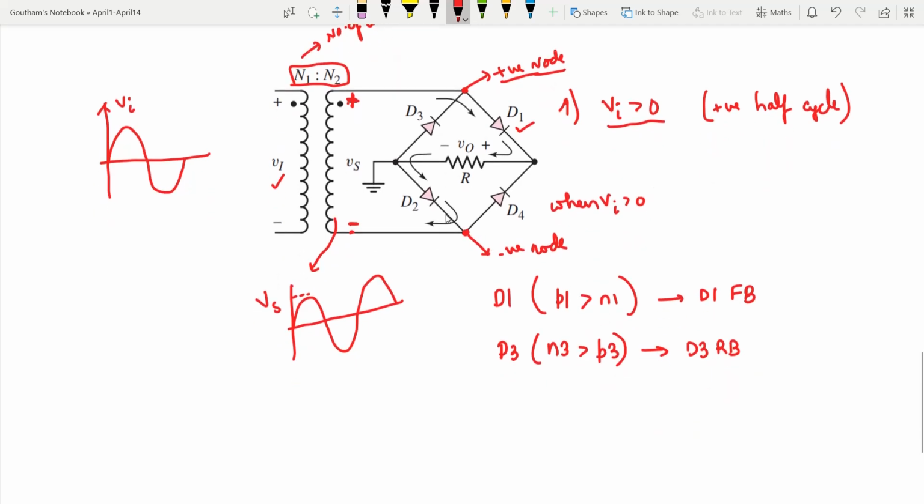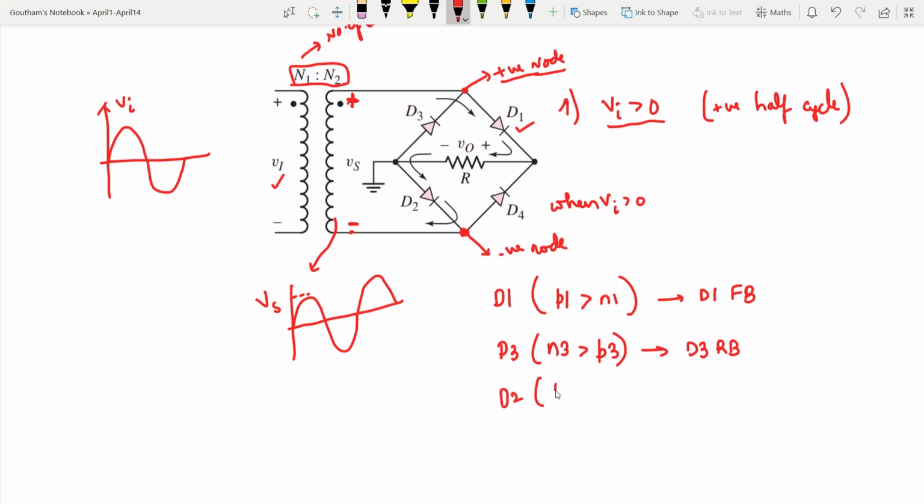Now let us go to D2. What is D2 saying? Here this is the most negative node, so N2 is a very negative value in the entire circuit, whereas P2 is connected to ground.